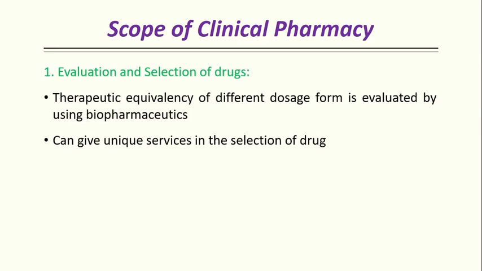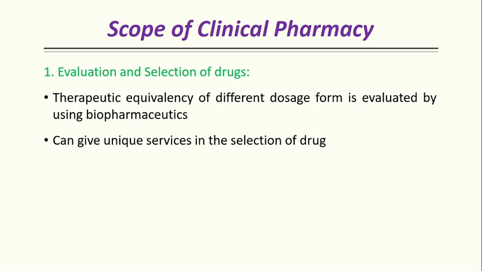Here we will see the scope of clinical pharmacy. The first scope is evaluation and selection of drug. Here clinical pharmacy evaluates the drug with the help of biopharmaceutics. Therapeutic equivalency of different dosage forms is evaluated.